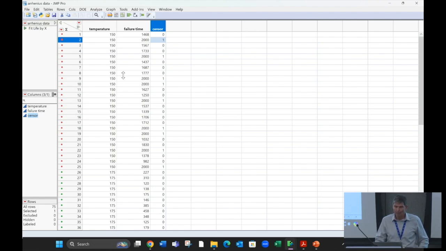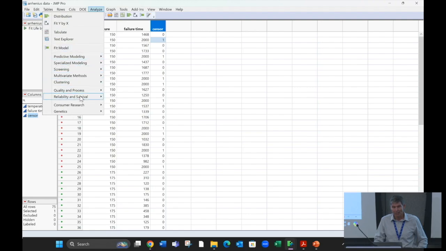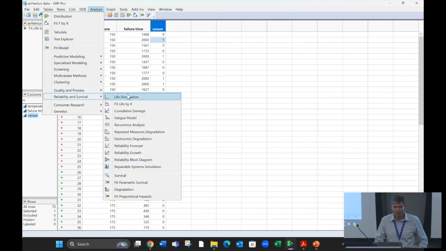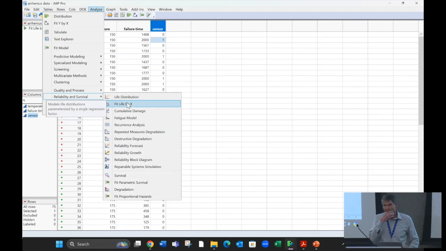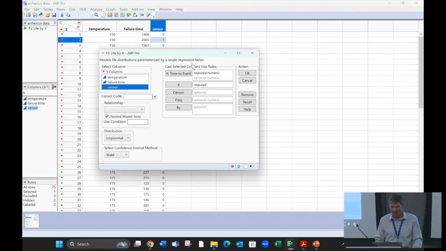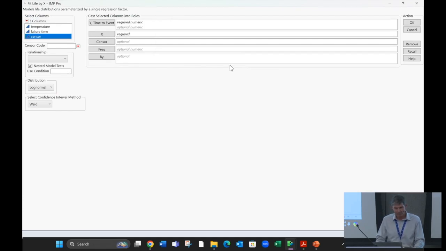So what we'll do is fit this model. We'll go to Analyze, and this is where we're going to use Reliability and Survival, and we're going to do Fit Life by X. I know Charles was talking about survival time as part of his world. Reliability and survival are the same thing, just complements. Okay, so my time to event is going to be the temperature.